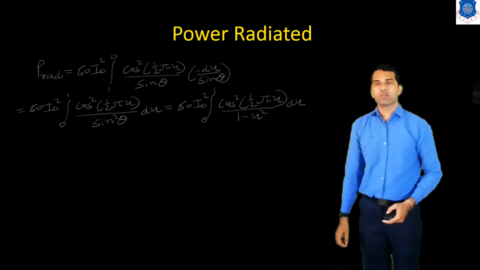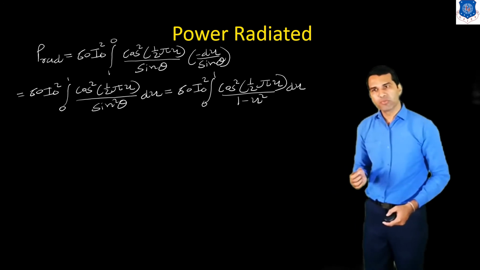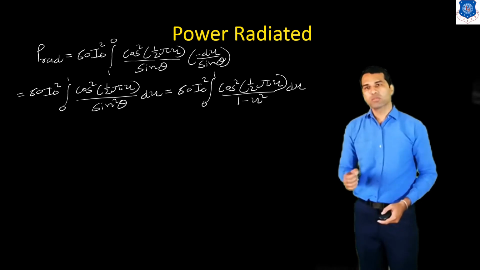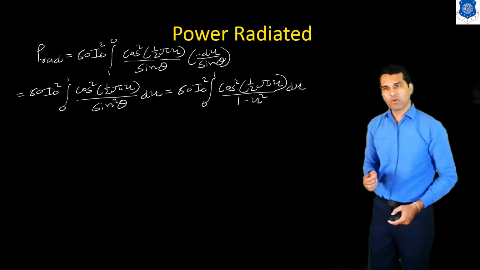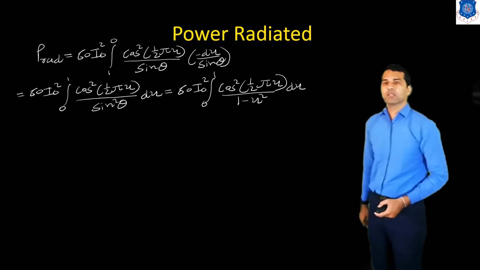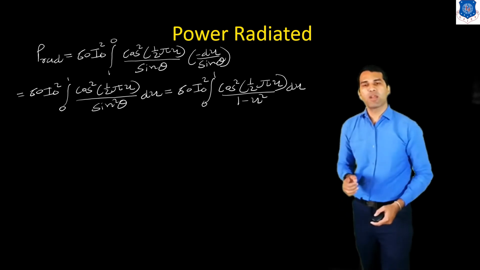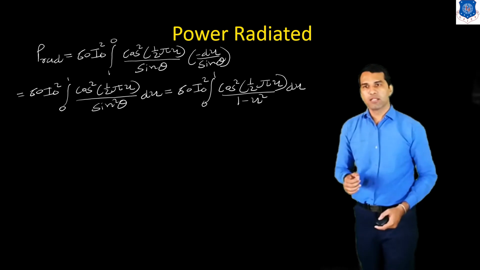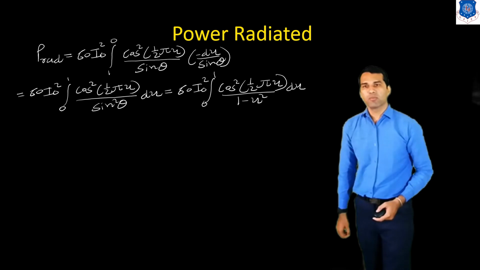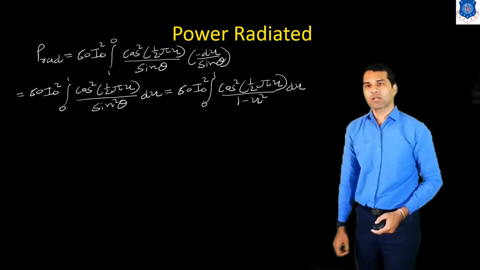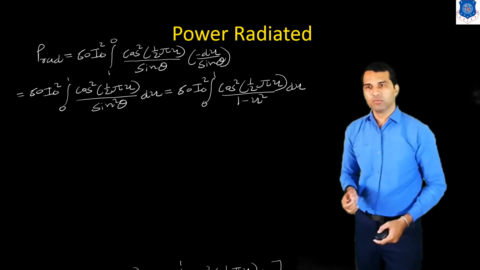Now we put this assumption, and we get power radiated is equal to 60 I0 square, integration 1 to 0, cos square of pi by 2 u, sin theta, minus du, upon sin theta. Now we solve this: 60 I0 square, 0 to 1, cos square of pi by 2 u, sin square theta into du. Here 60 I0 square stays as it is, and instead of sin square we can write 1 minus u square, into du.